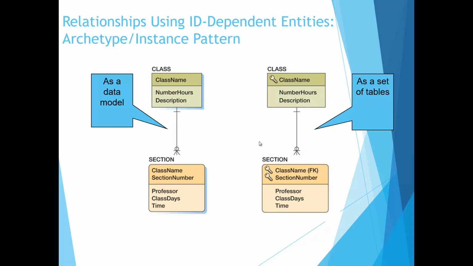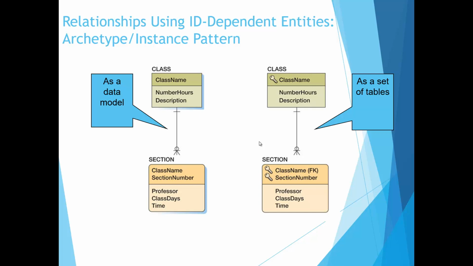If the entity has an instance pattern, then a new instance table, which will also be called archetype, can be created to list the different instances and their attributes.